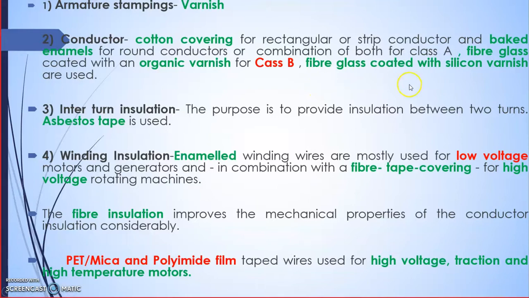If your machine is of higher rating and the coil is passing higher current, then you have to use fiberglass. You remember that table of insulating materials and temperature rise. Fiber withstands high temperature rise very well. Round conductors and strip conductors, both I have shown you.